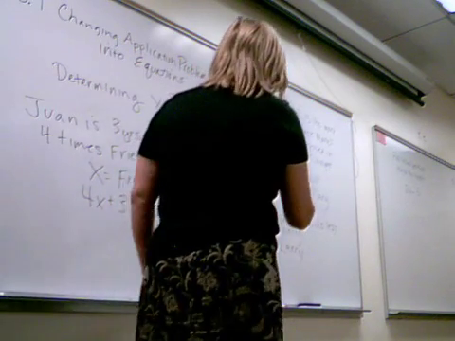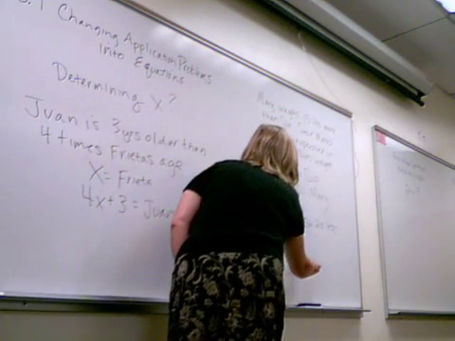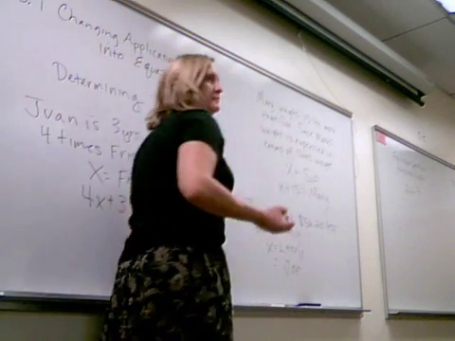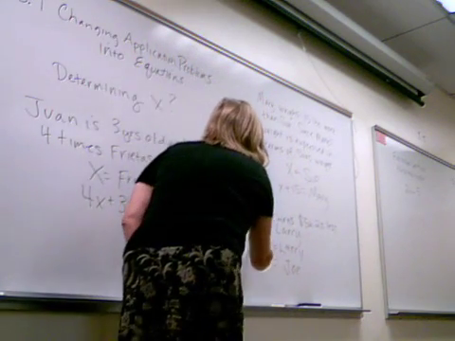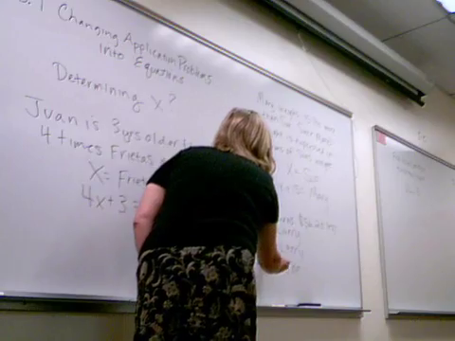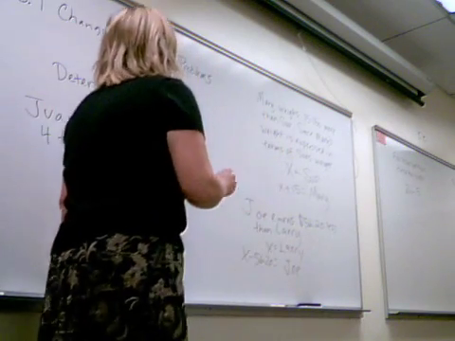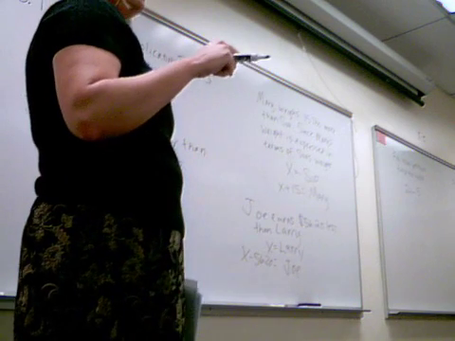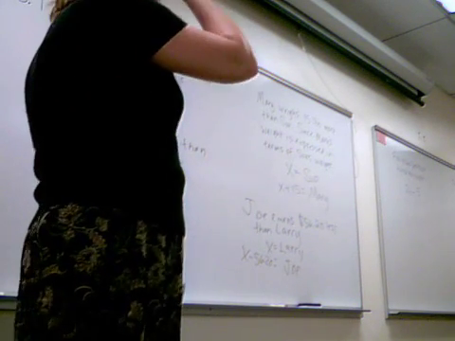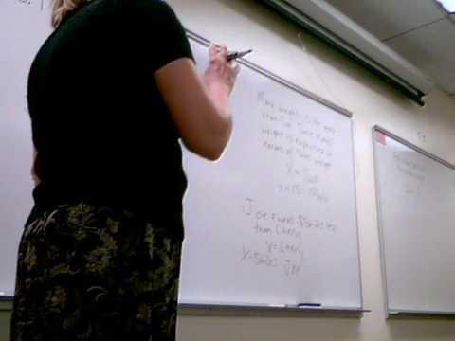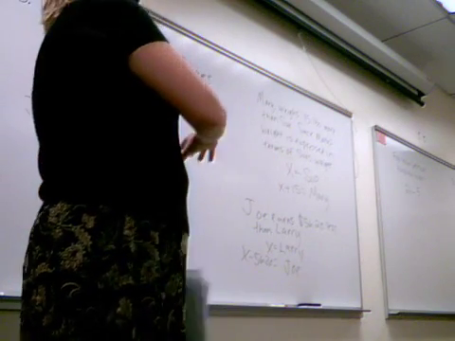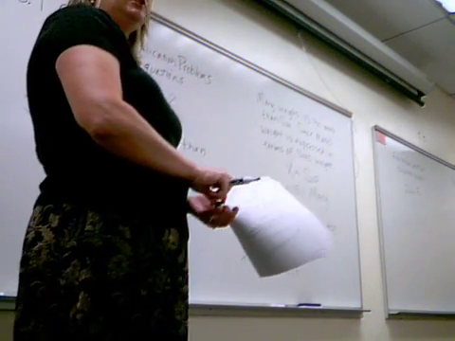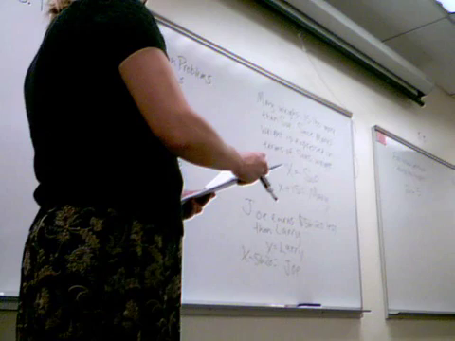So what is Joe? x minus 56.20. And there's where that "less than" comes in too. Would it be right to say 56.20 minus x? No, totally different problem. So you have to know that it's $56 less than whatever Larry was. So put that subtraction in the right order. All right.